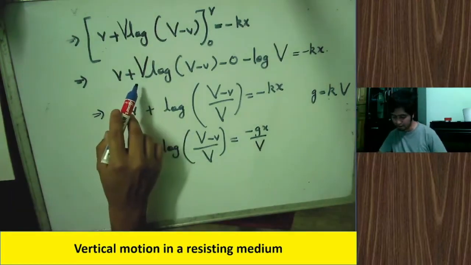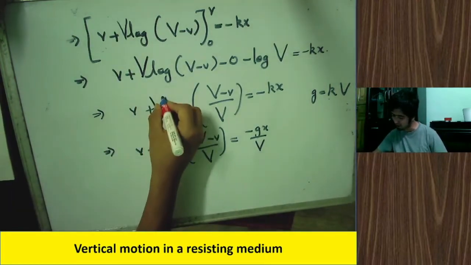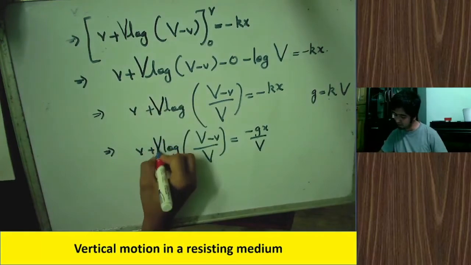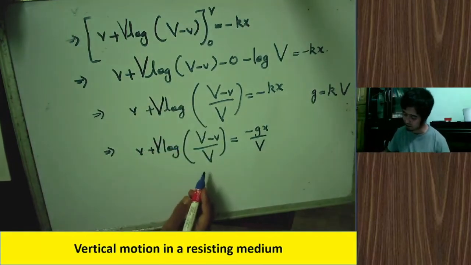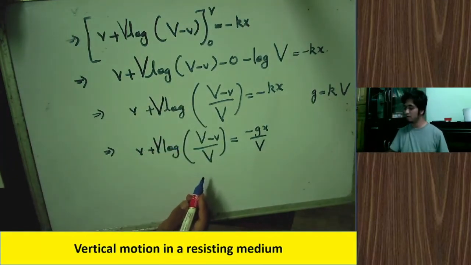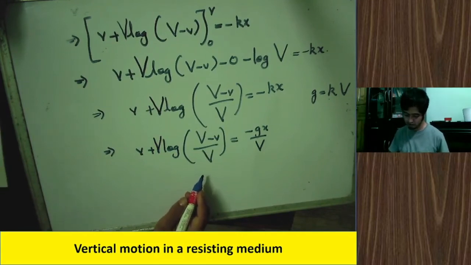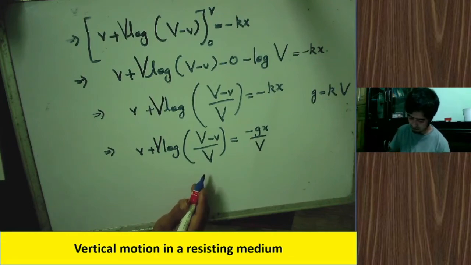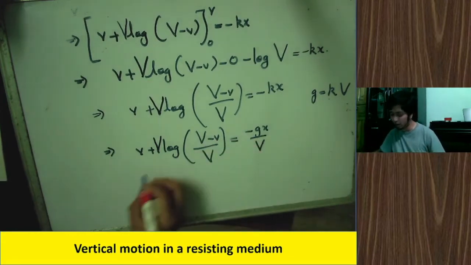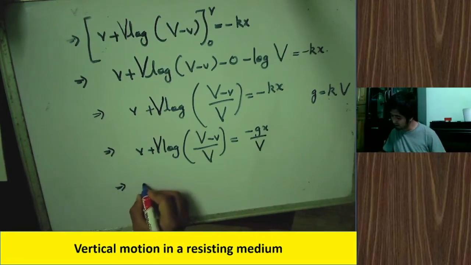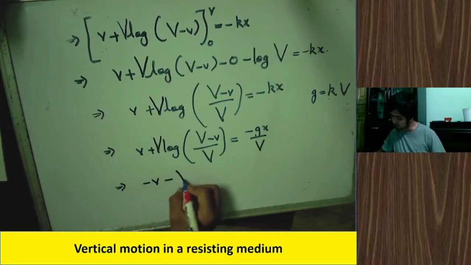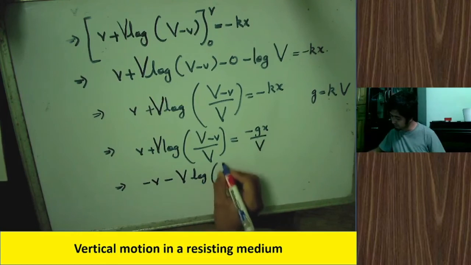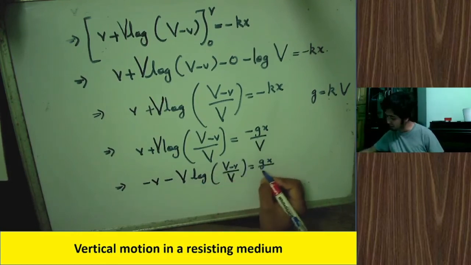I forgot this capital V, so everywhere just put in capital V, which is the required expression. Multiply both sides by minus, so we'll have minus v log v minus v upon capital V equal gx upon capital V.